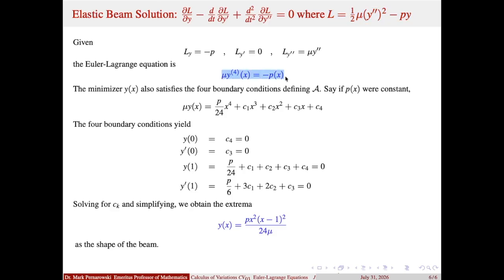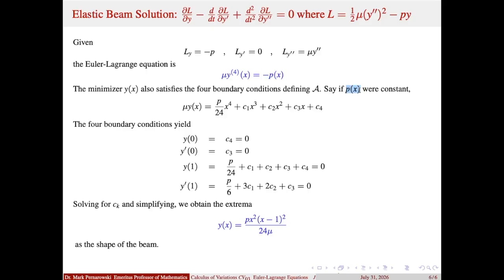So what is that? That is a fourth order differential equation, and it's a very simple one. The way that we solve it is we merely integrate both sides 4 times. When you do that, you can find out what, in particular, mu times y of x is. It's just integrate the right side in x 4 times. And we're going to presume here that, let's say, mu of x is constant.